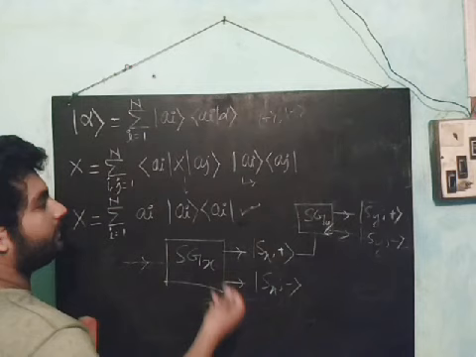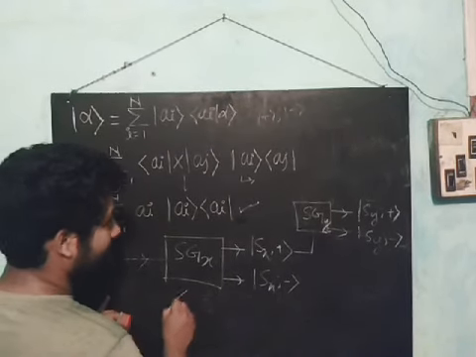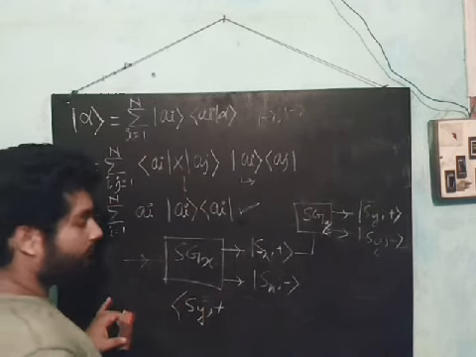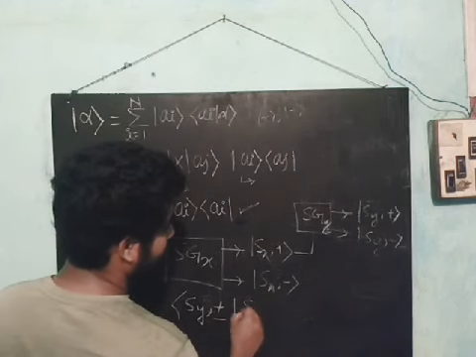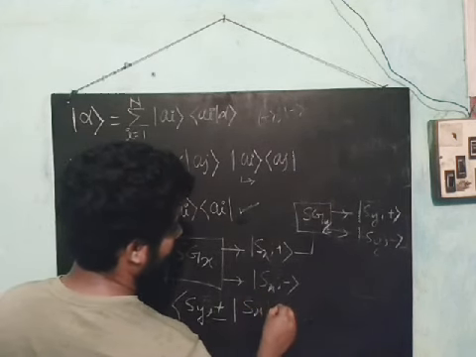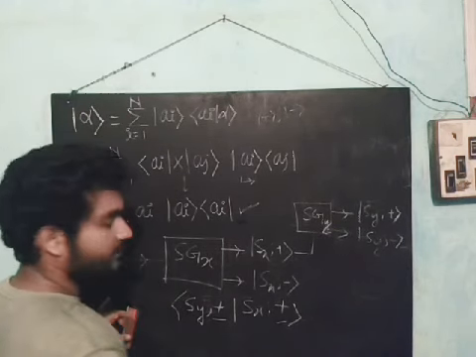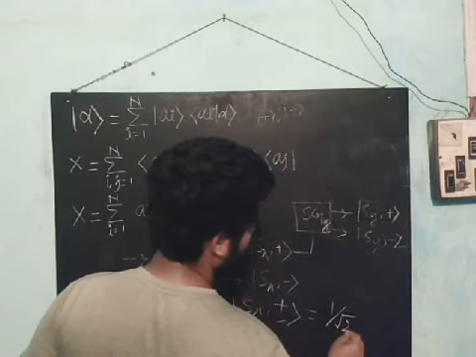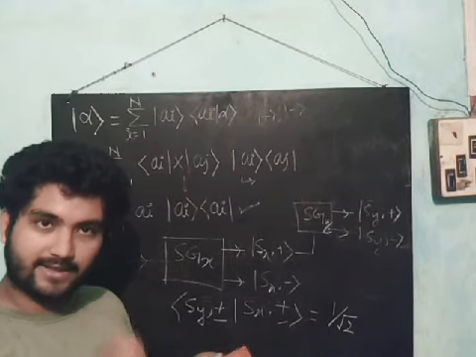So what is the meaning of that in mathematics? If I take the scalar product of Sy positive or negative with Sx positive or negative, I will always get 1 by root 2. So I have more than one equation, right?